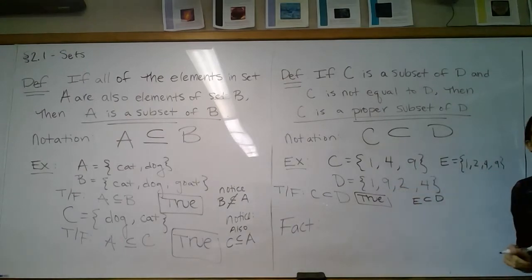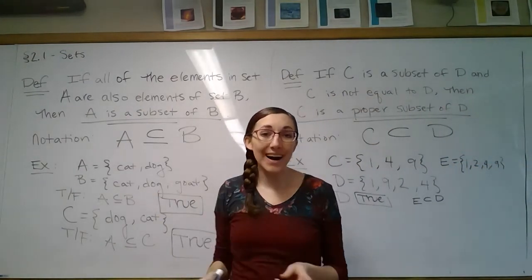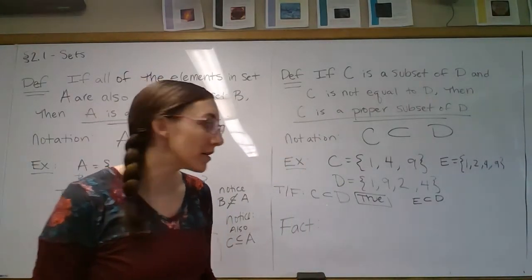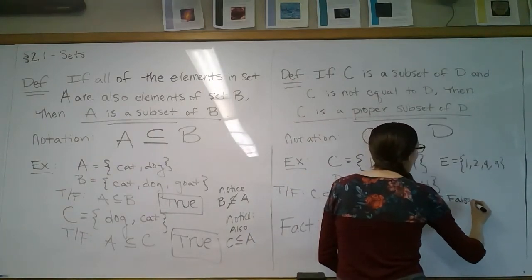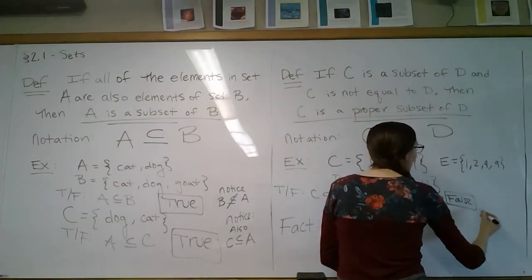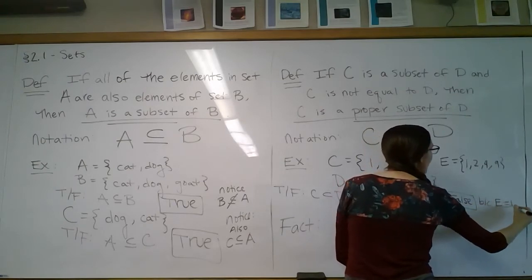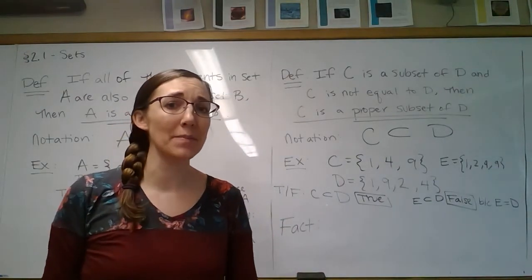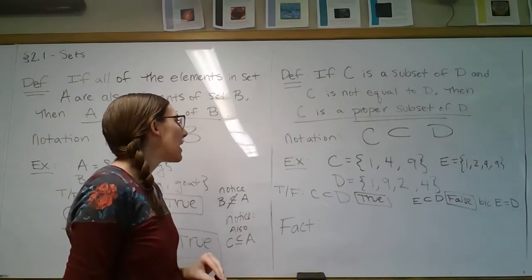And 9 is there. So they are subsets. This would be true, but if we double check, they are equal to one another, so this would be false. It would be false because E equals D. They're the same set, and we don't want that with a proper subset.